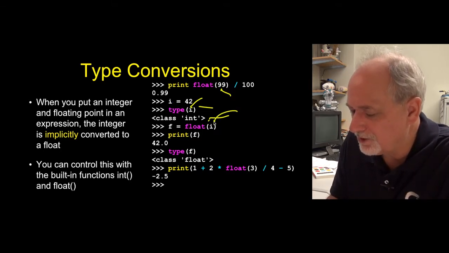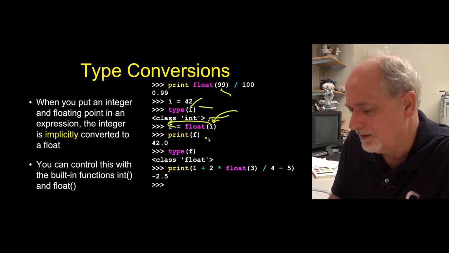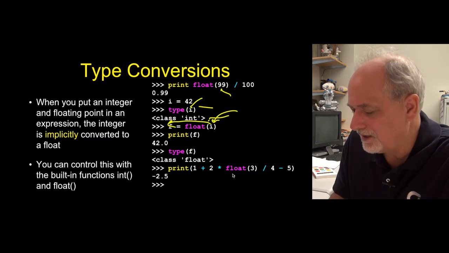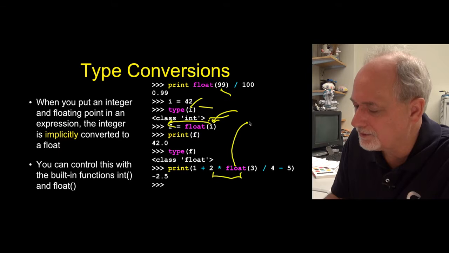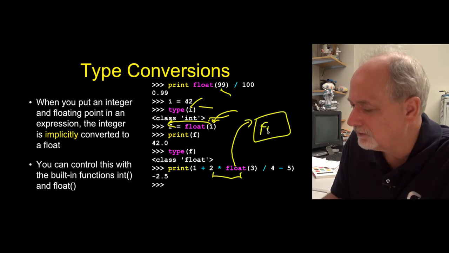This passes an integer in, converts it to a float, and then puts the float into that. Type tells us what kind of thing that is, and you can use this inside of an expression. And so it's like, what am I going to do first? Oh, I've got to do 2 times this thing. Oh, wait a sec. Pause just briefly for a moment to call out to some float code.